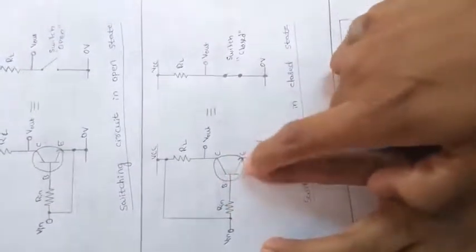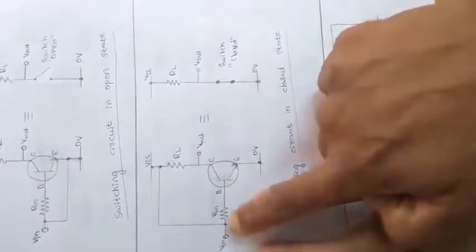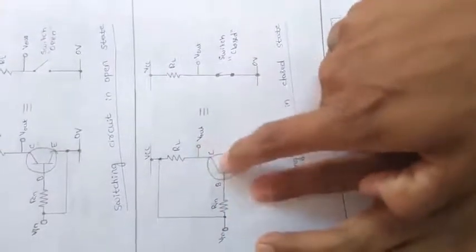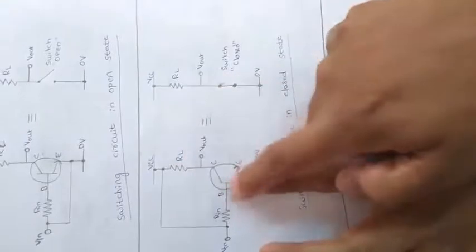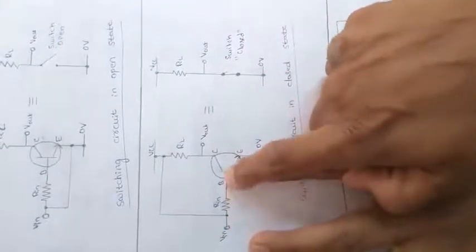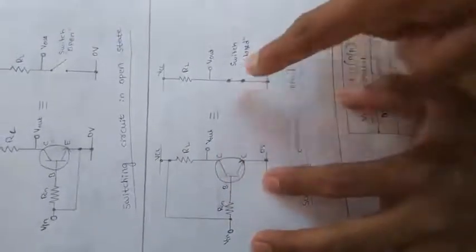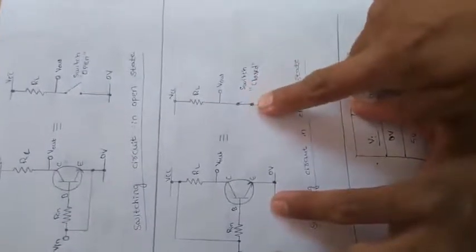Actually, the transistor is a current controlled device. The base current turns on the transistor and the collector current will be controlled by the base current. So when you give the base input voltage, the transistor is turned on and it will act as a closed switch. Earlier it was like open. So from the open, it is now a closed switch.